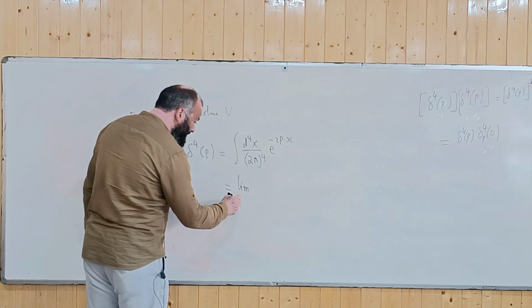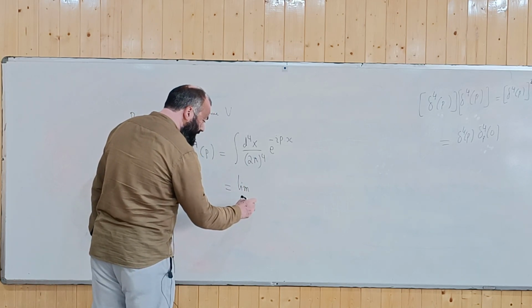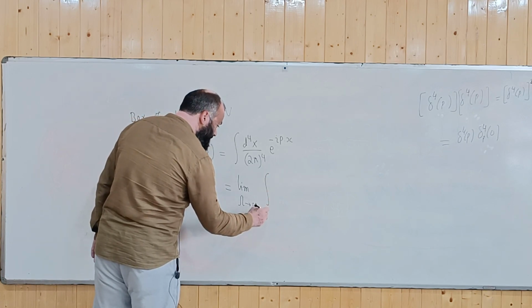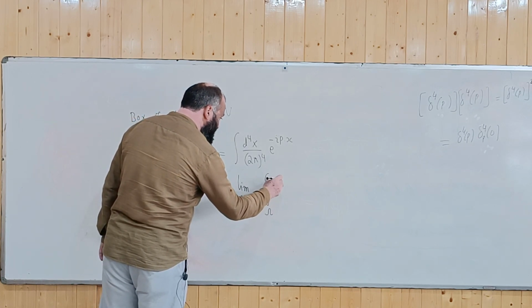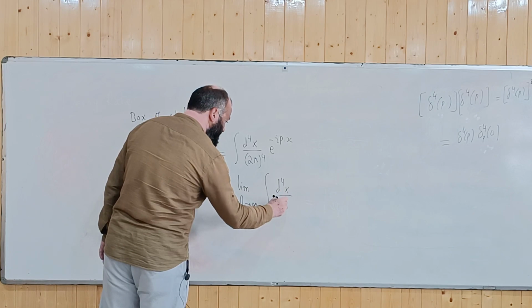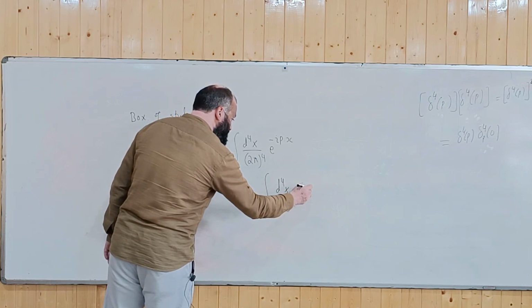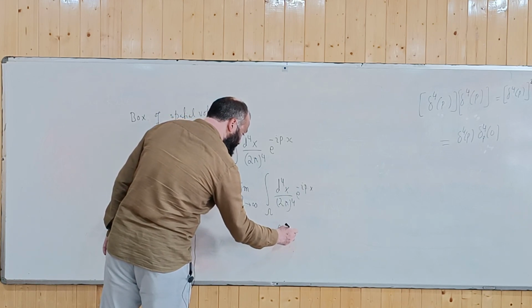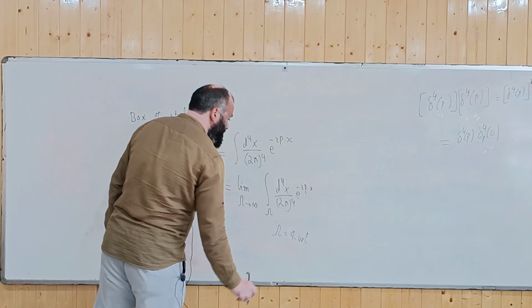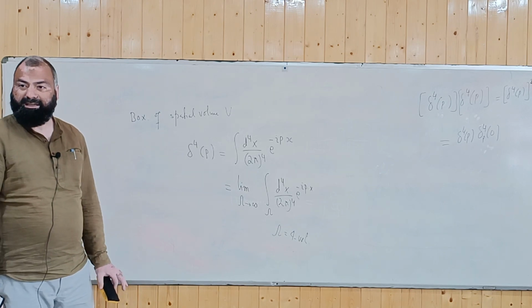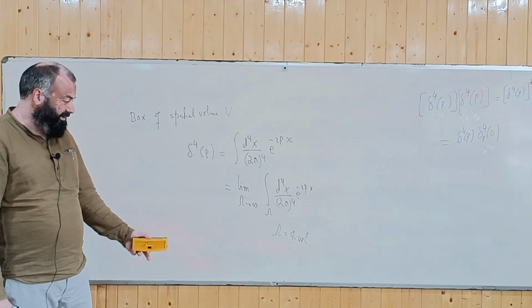Let's write this 4-dimensional volume to be omega. So omega is a 4-dimensional volume element of the volume.